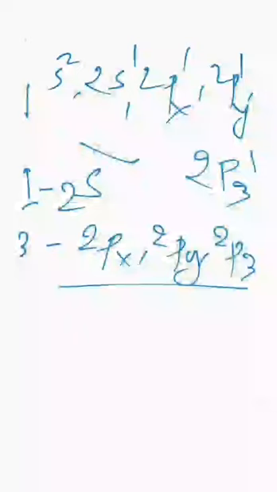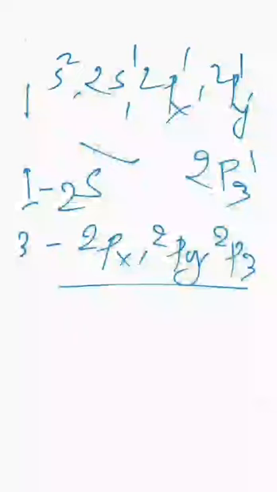It means it undergoes the process of hybridization, and by this process these orbitals form four new hybrid orbitals, which are known as sp3 hybrid orbitals.